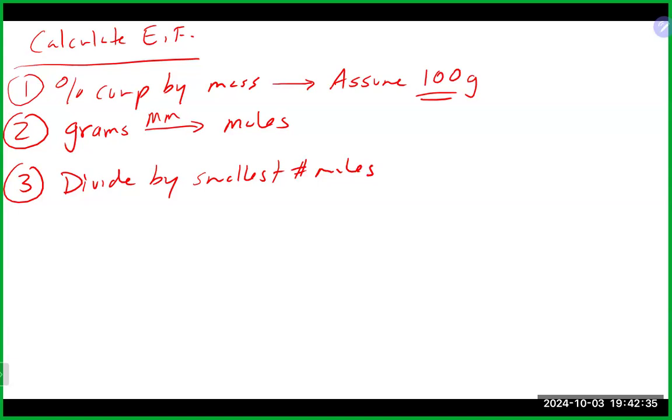As a couple of examples we talked about, if you had something like 2 moles of A and 6 moles of B, you can divide each by 2 moles, which is the smallest. That gives us 1 for A and 3 for B, so our empirical formula would be AB3.